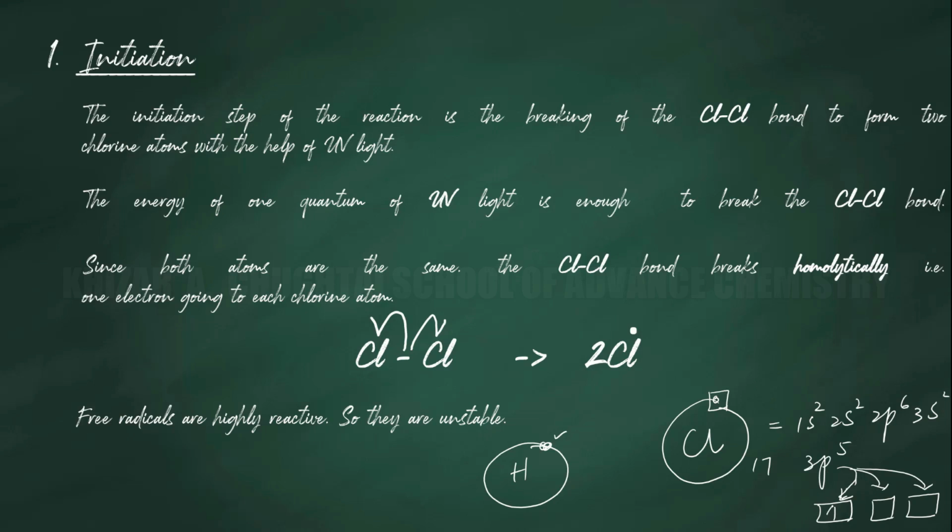First we distribute one electron to each orbital, then the rest of 2 electrons with opposite spin. So there is one unpaired electron in p orbital of the chlorine atom. That's why this chlorine atom is said to be a free radical. So it is a highly reactive species.